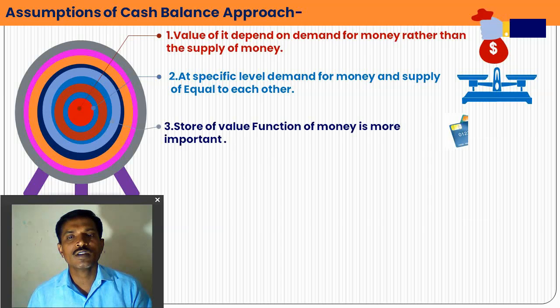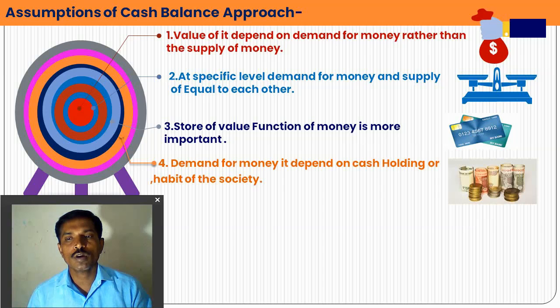The third assumption is that the store of value function of money is more important. So in this approach, the store of value function of money is given more importance. The next assumption is that the demand for money depends on the cash holding or habit of the society.